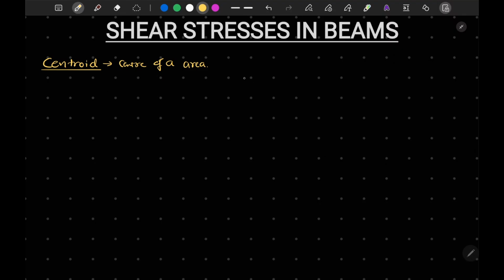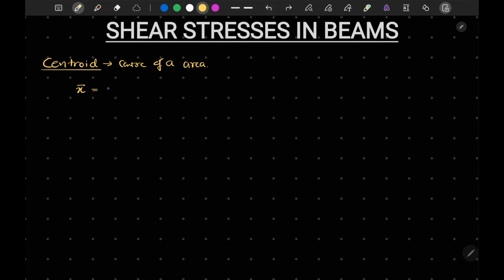If there is a certain region given, which we are considering in a given plane, then the center of that area is assumed to be the centroid, and centroid is denoted by x bar or y bar. So x bar, or I can write xi bar. Let's proceed with x bar.